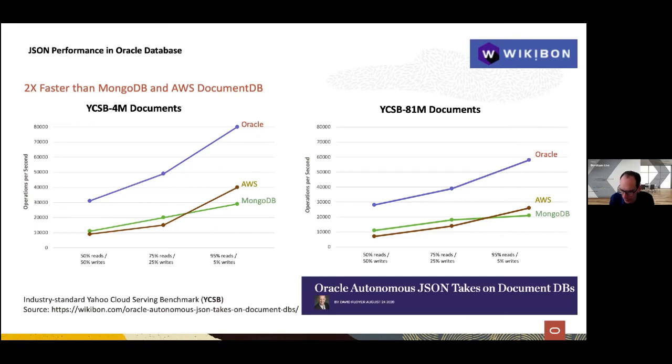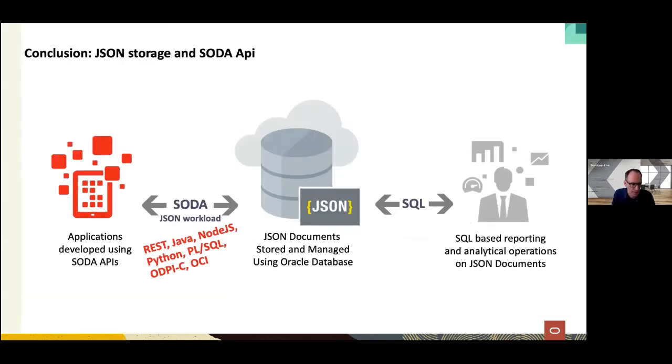There was an analysis done last year by Wikibon where they tested MongoDB cloud services, Amazon Web Service cloud service, and Oracle cloud service, the autonomous JSON, and they found us to be about 2x or a bit more faster. So we get better performance than NoSQL databases, while at the same time you have all the abilities of joins and transactions, etc. So it's really a very appealing offering that we have.